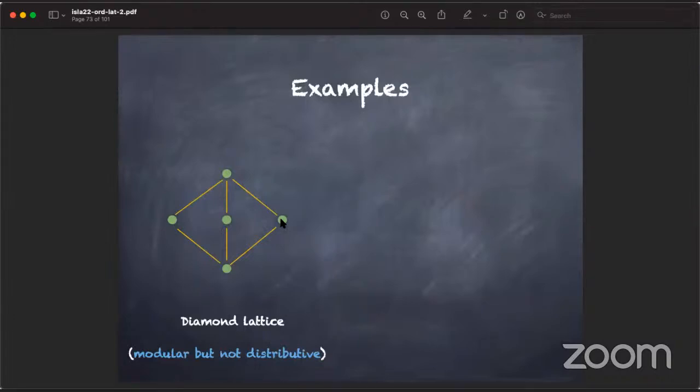Now consider P and Q or R. Will it be equal to P and Q or P and R? No. So the distributive condition fails. Thus we have seen that it is a modular lattice, but not distributive.